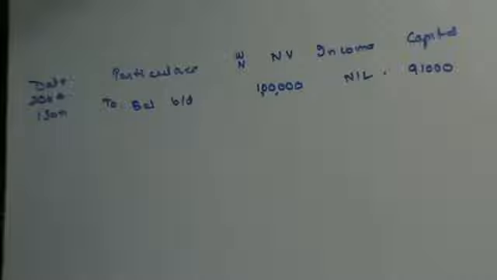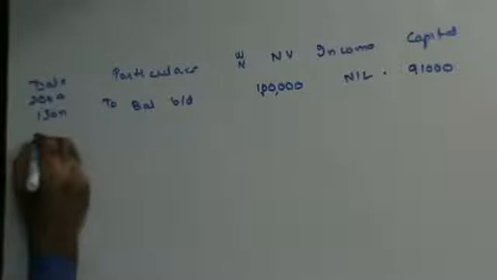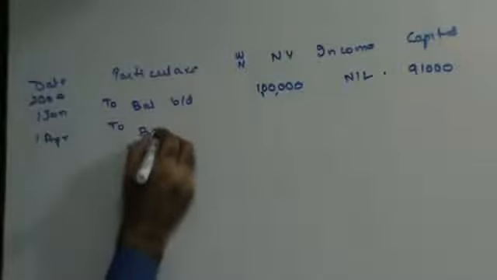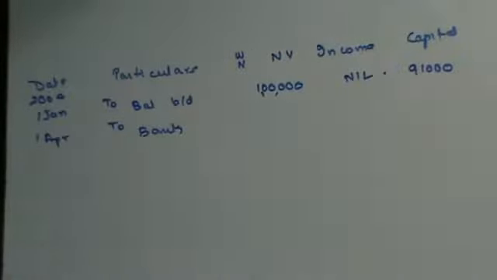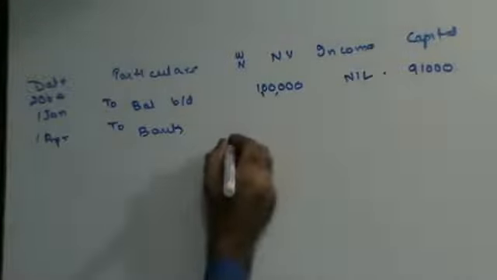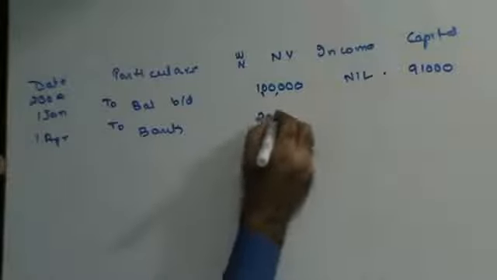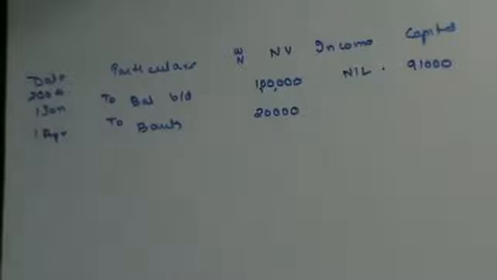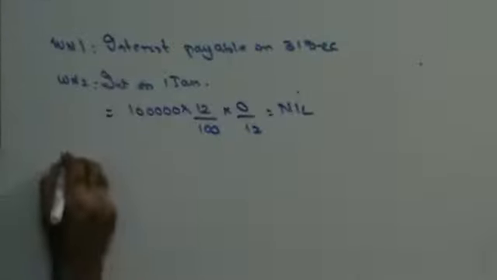Now on 1st April, 20,000 debentures were purchased. Debit what comes in? 1st April, purchase to bank. 20,000 debentures were purchased by Dharmesh at 98 cum interest. Okay, let's see the working note for this, guys. Working note 3.